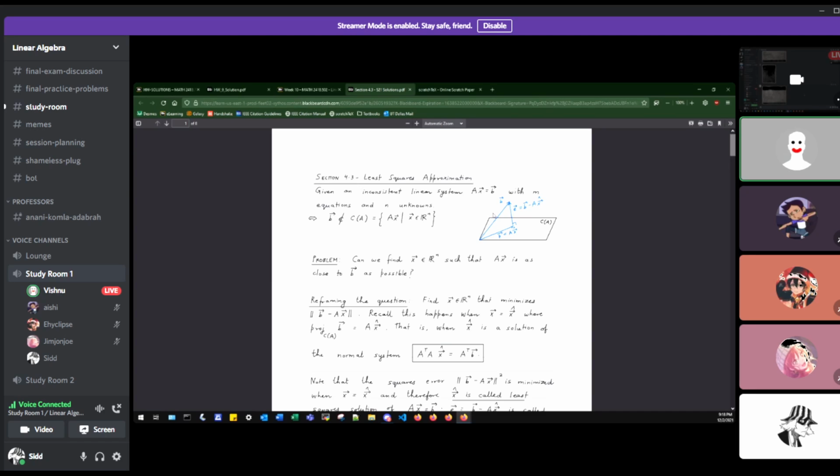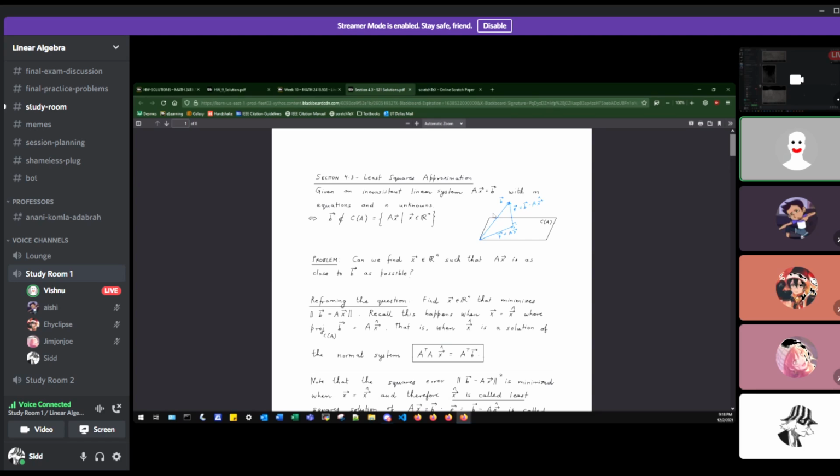So in this case, you have Ax = b. Let's say this plane is the column space of A, and this is your b. You want to find some linear combination of the basis vectors of the column space of A such that it adds up to b.